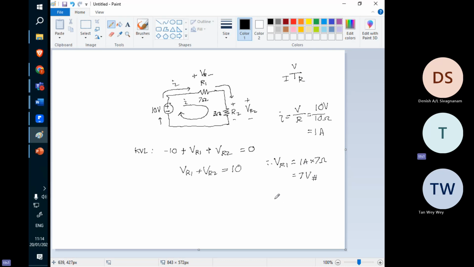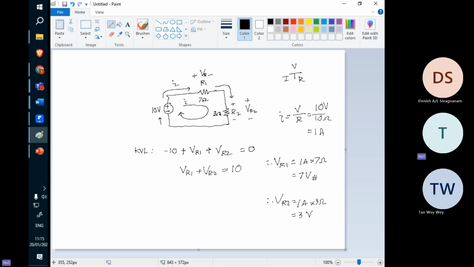All right. So let's calculate that one. VR2 is equal to still the 1 ampere here, because 1 ampere flows through the two components, times 3 ohm. So it becomes 3 volt. What you can see here, 7 volt and 3 volt, they make up the total power supply.